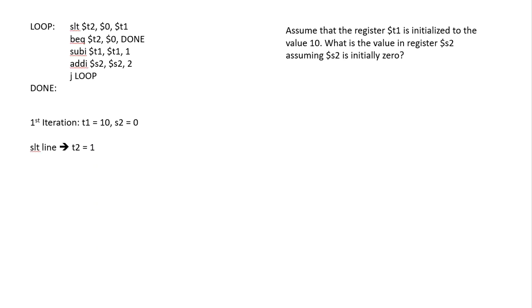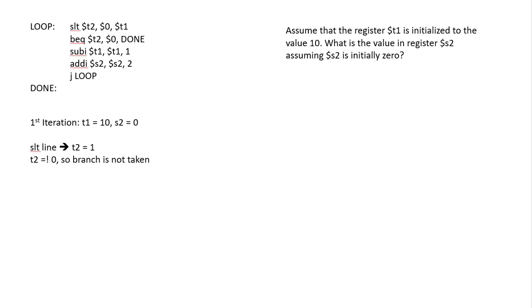So we're comparing 0 to T1, and if 0 is less than T1, T2 gets set to 1. Otherwise, it's 0. And so here we have T1 equals 10, and 0 is clearly less than 10. So our T2 becomes 1.